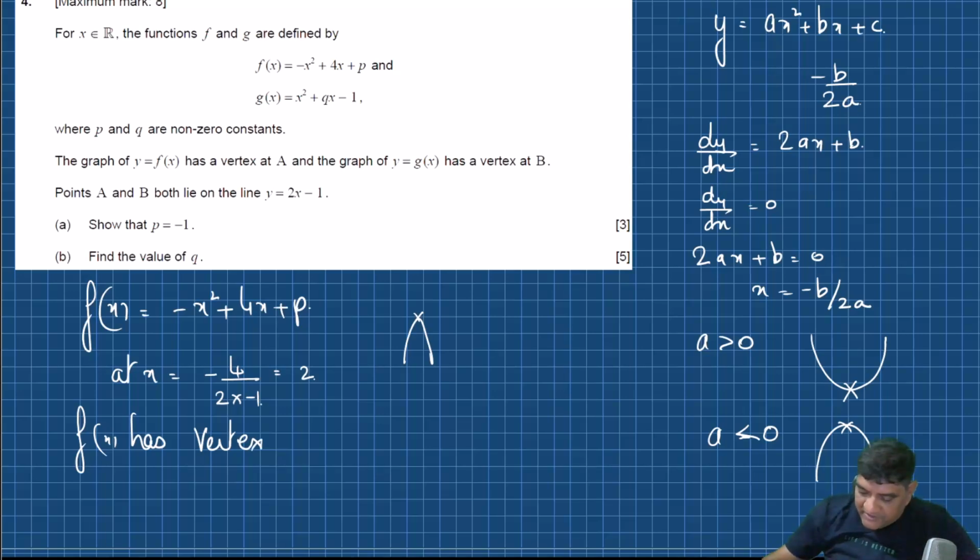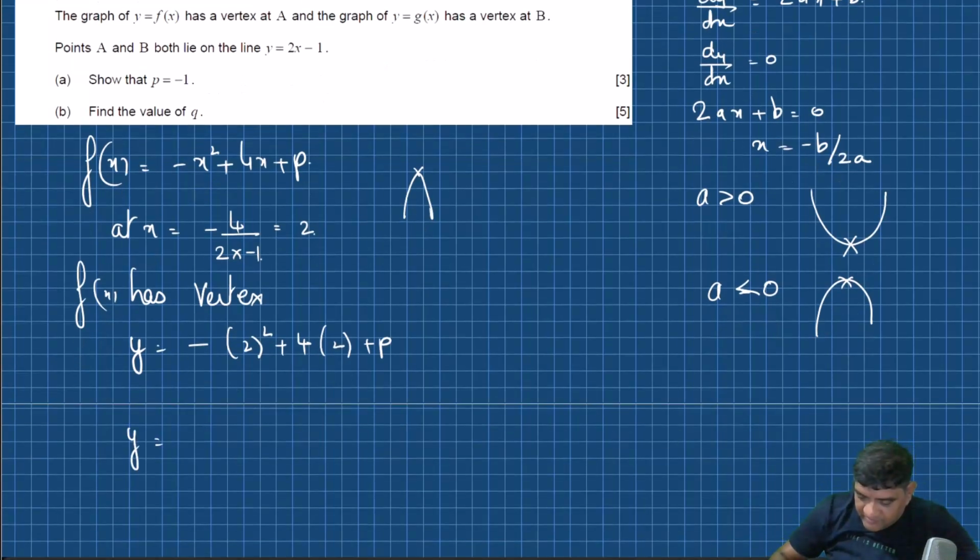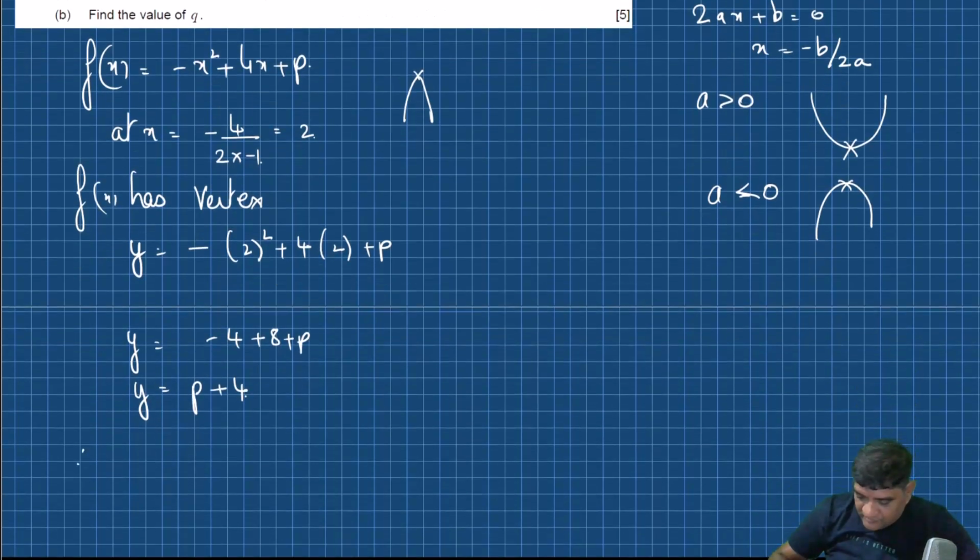Let's find the y coordinate of the vertex: minus of 2 squared plus 4 into 2 plus p, which is minus 4 plus 8 plus p. So p plus 4 is the y coordinate. Therefore vertex A has coordinates 2 comma p plus 4.